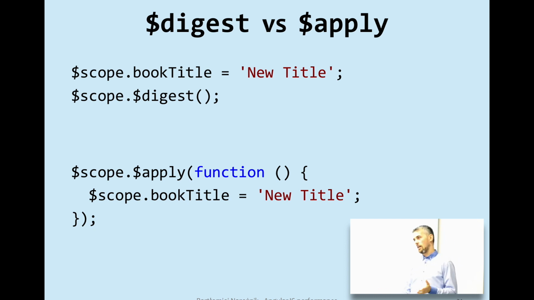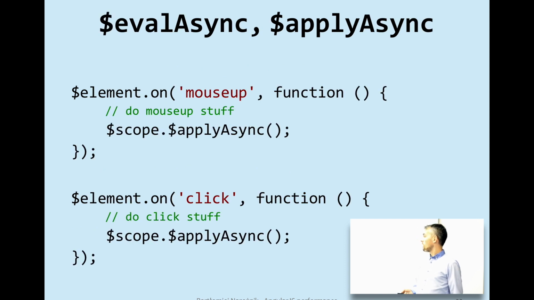So you would have to decide whether in your current scenario it's better to use this or that, because maybe you would like the root scope to know about your changes. So it's worth knowing about this difference.